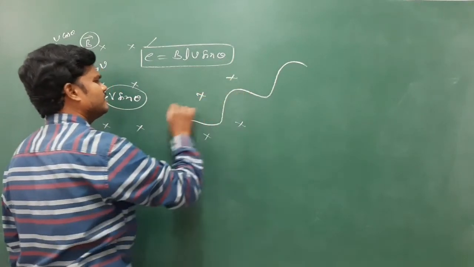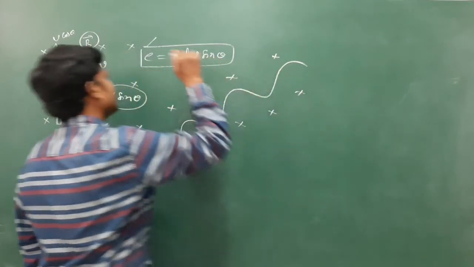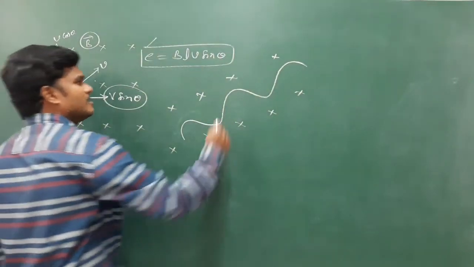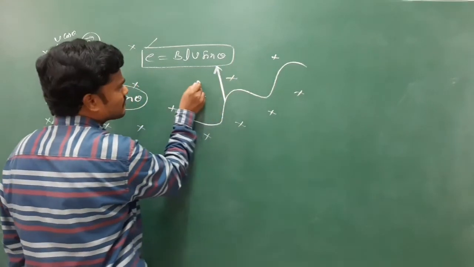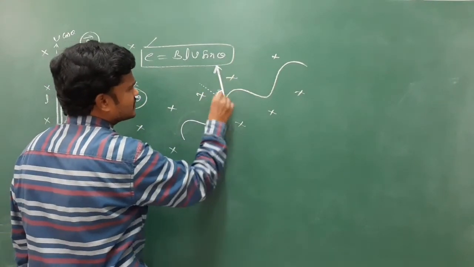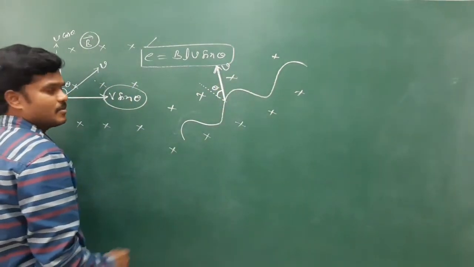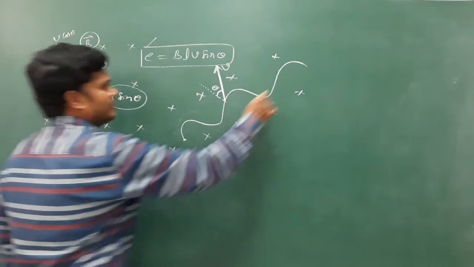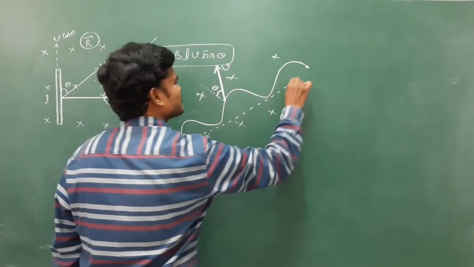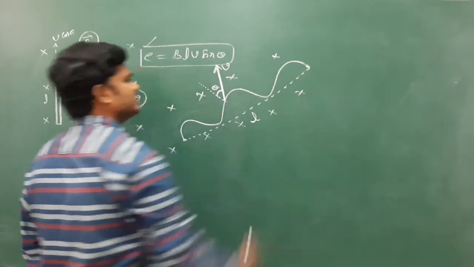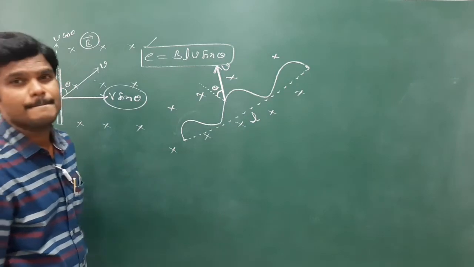Try to find the direction of the induced EMF. Now the wire moves like this, at some angle theta with speed v. Here the gap between these two is L. Write the equation of induced EMF for this diagram.